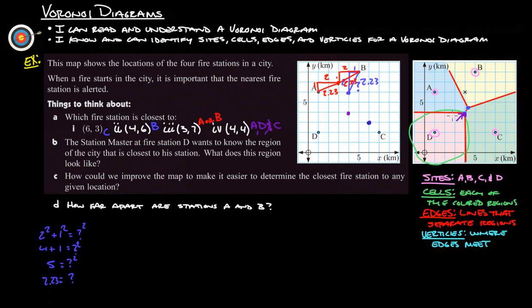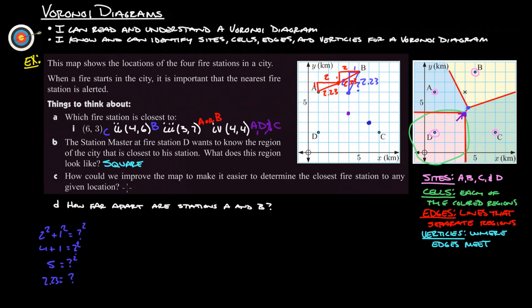Well, here's D. In this case it looks like a square. It's a rectangle, but specifically it appears to be a square because this is 5 units long and that's 5 units long. How could we improve the map to make it easier to determine the closest fire station to any given location? That's actually what we did here.